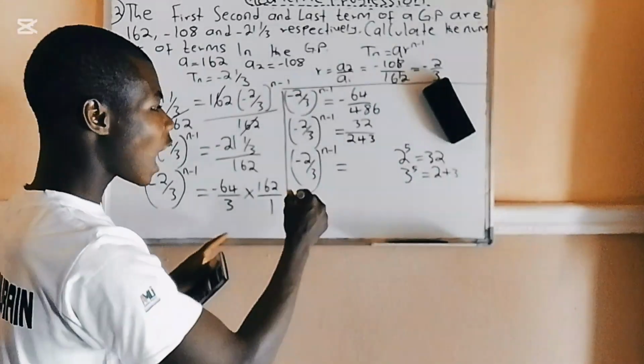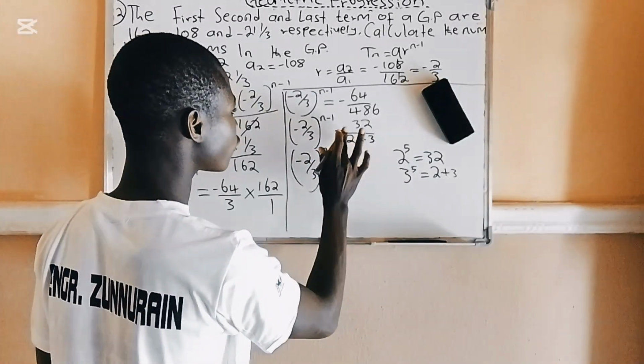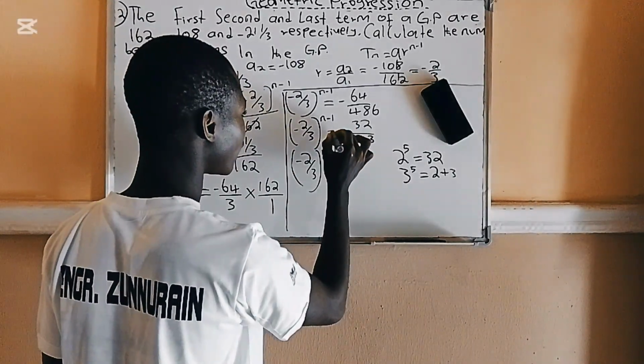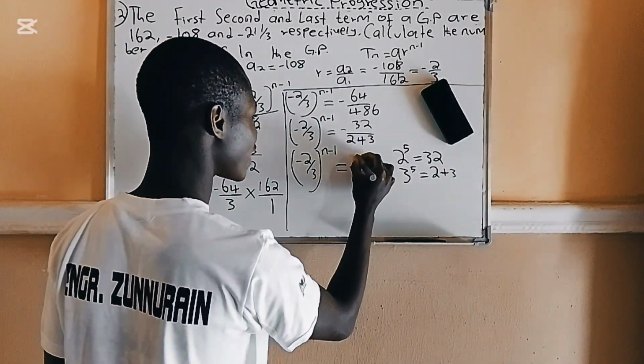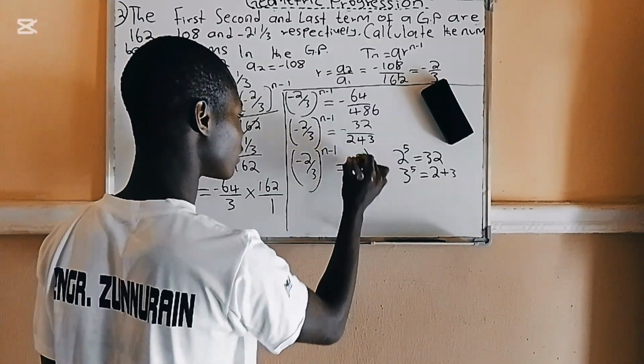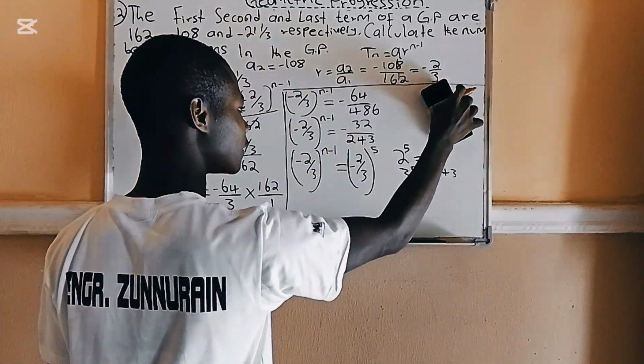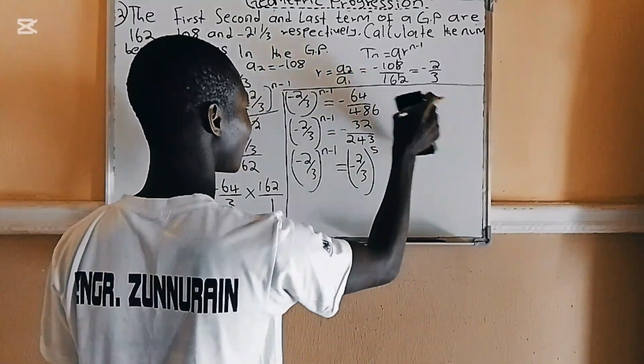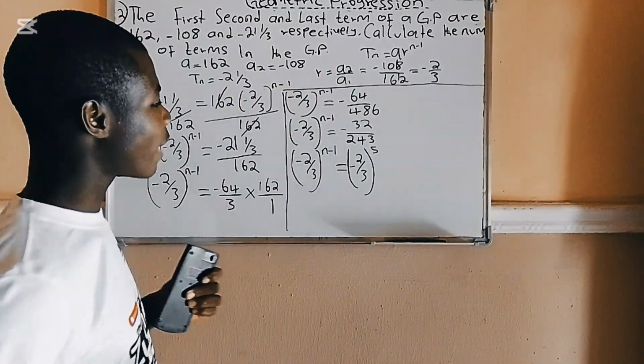So therefore, I have to make it the simplest form. Don't forget I have the negative sign here. So therefore, minus 2 over 3 power 5. This is very interesting.